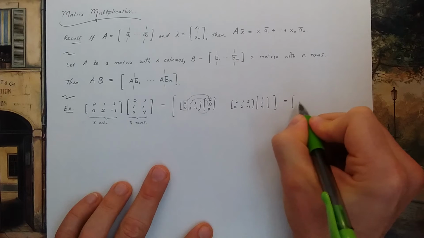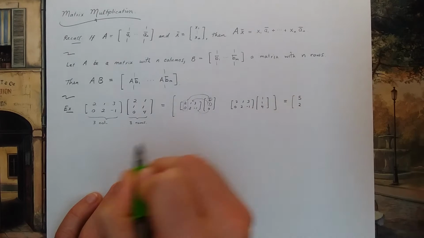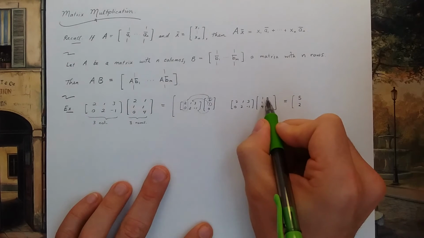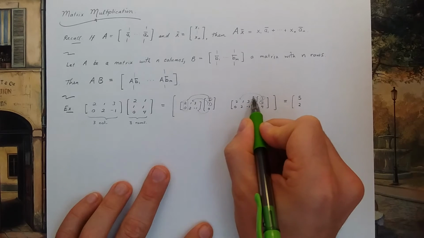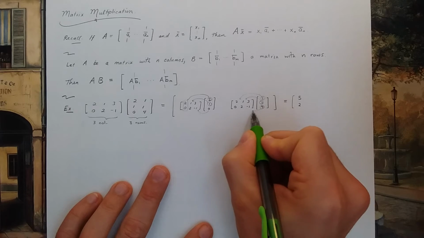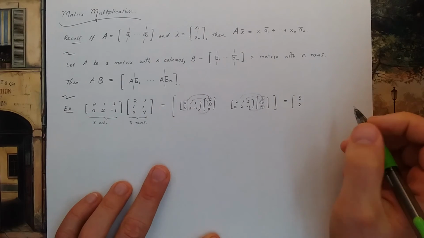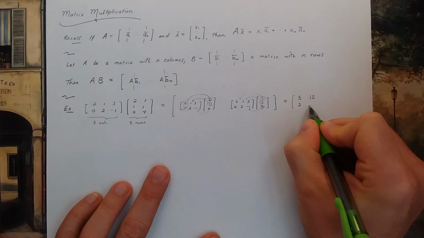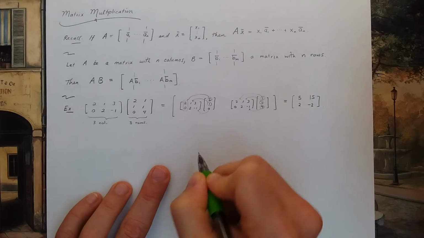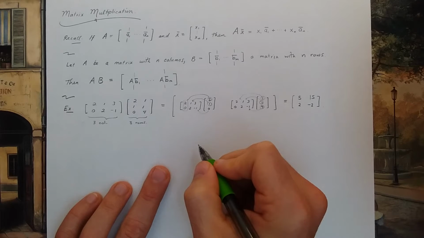So I believe I get 5, 2 as the first column. Similarly, I'm going to do 1 times the first column, 1 times the second column, and 4 times the third column, and add everything up. I believe if you do that, you get 15, negative 2. So there's my matrix multiplication.